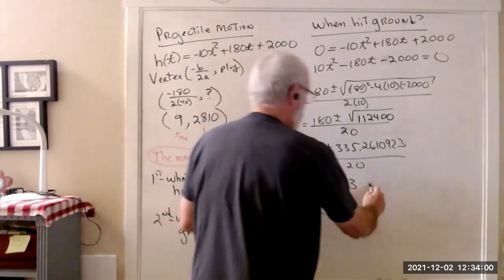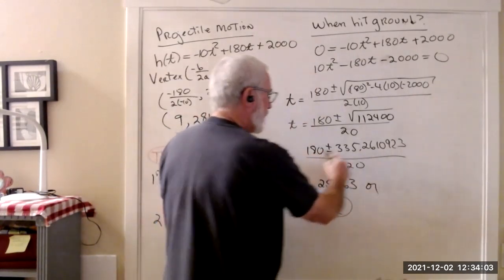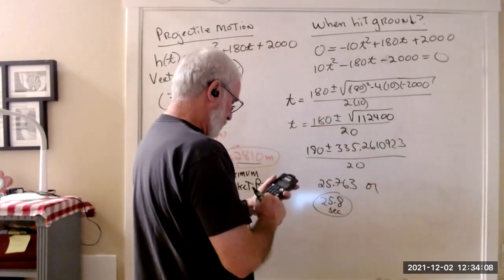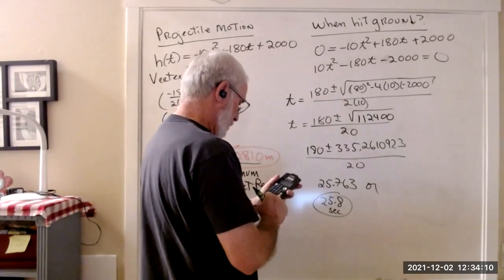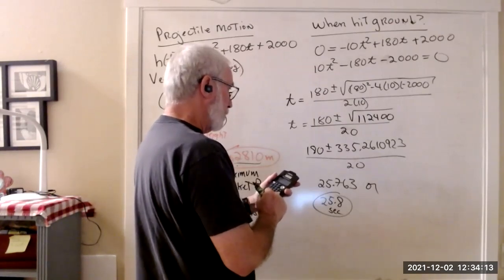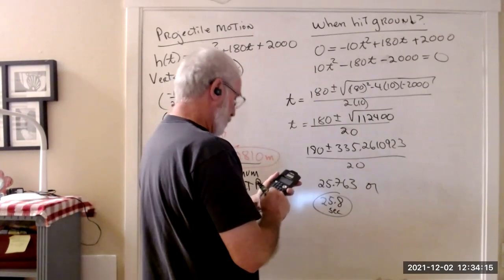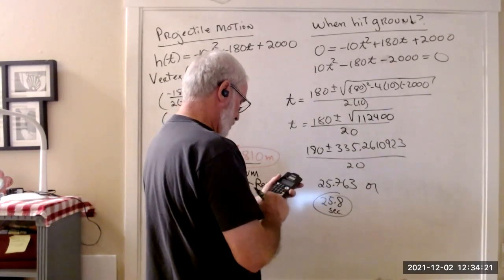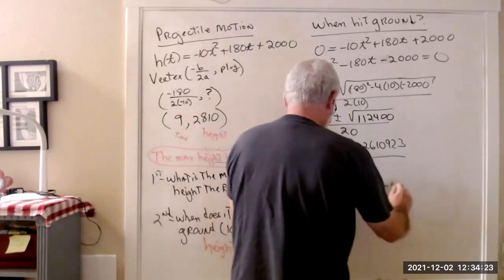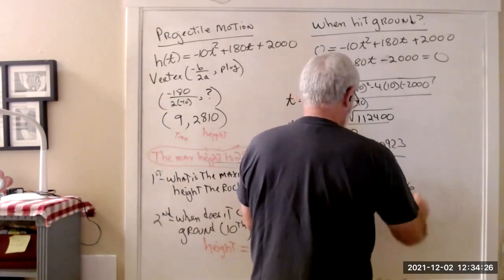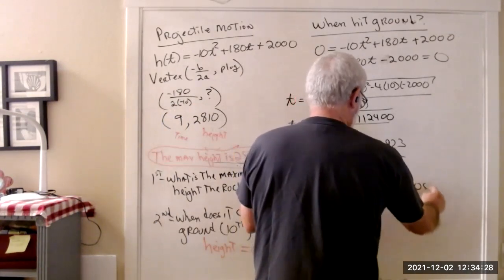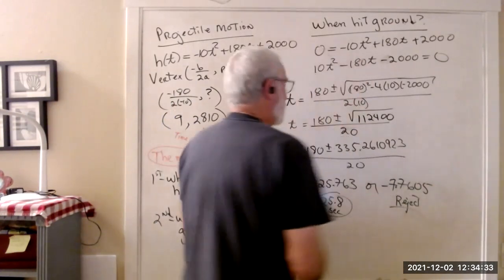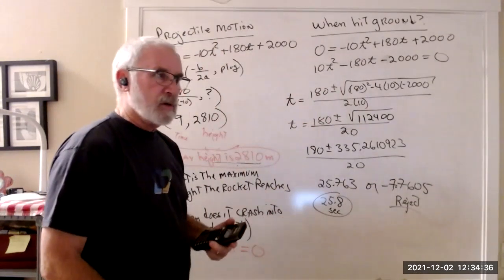Or if I do 180 minus this number, divided by 20, I get negative 7.76, whatever, and this is a reject. Why? Because you can't have negative time.